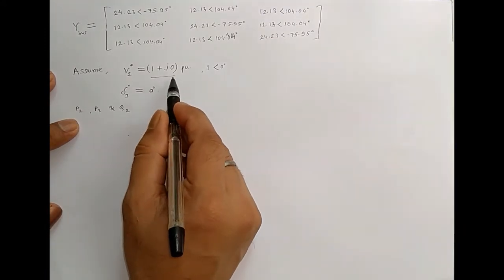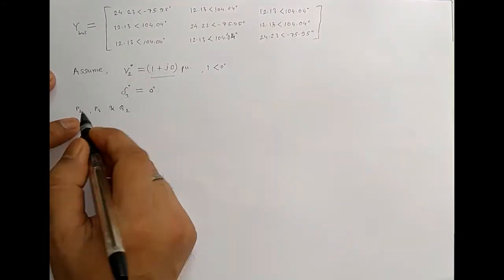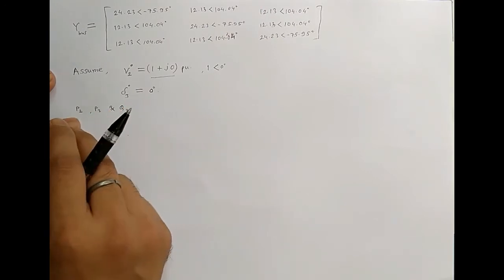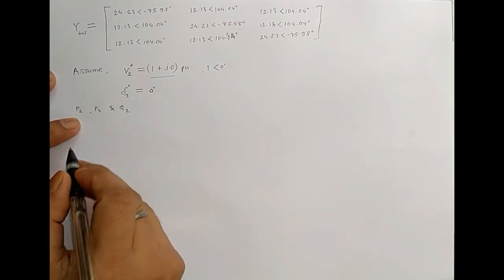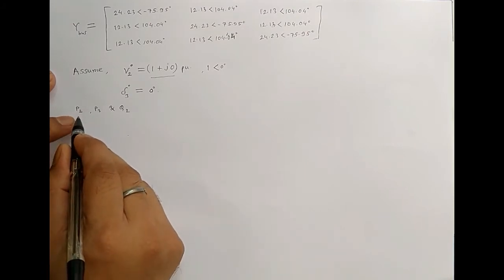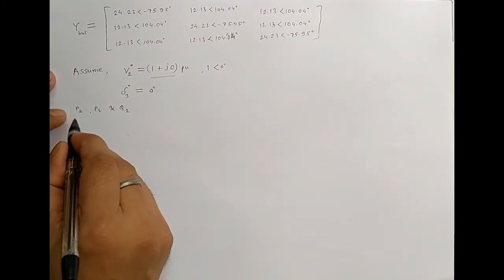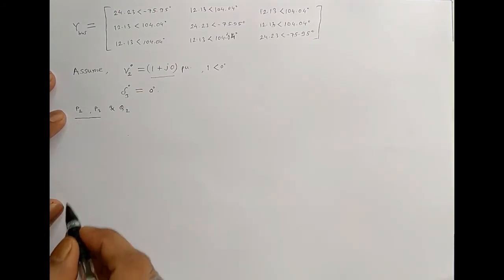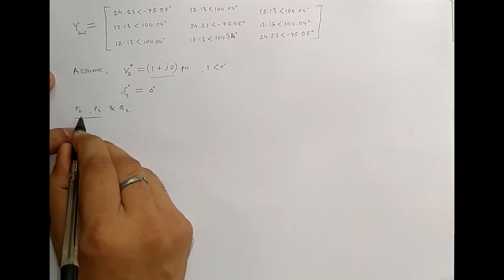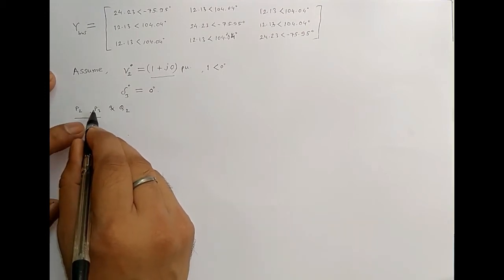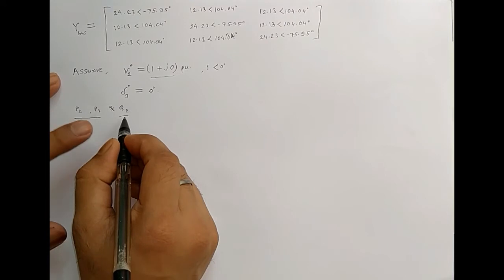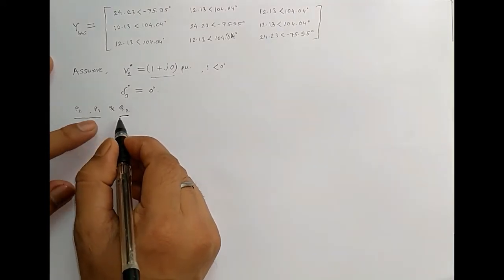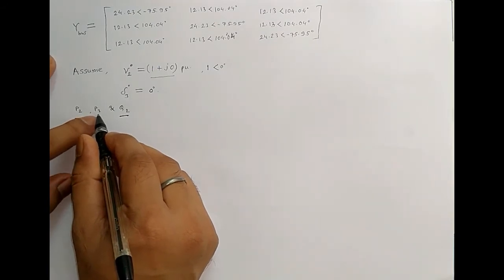With the help of these assumed values, we will calculate the active and reactive powers, and we will compare them with the specified values. We have to calculate the real power for both PQ bus and PV bus, because in both PV and PQ buses P is specified. For the PQ bus we have to calculate P and Q, and for the PV bus we have to calculate only P.